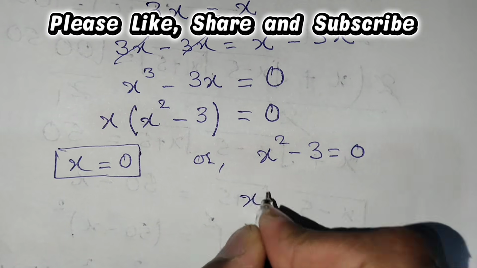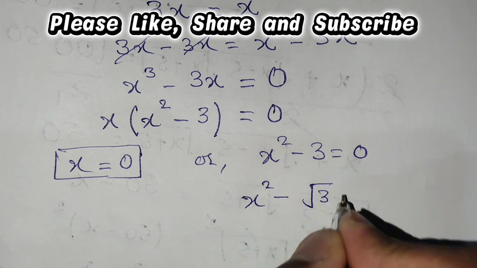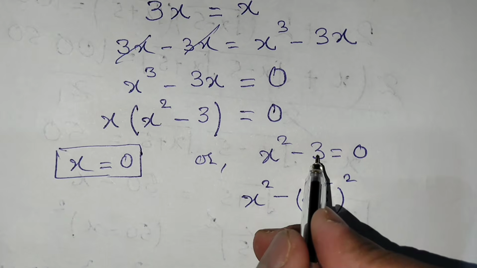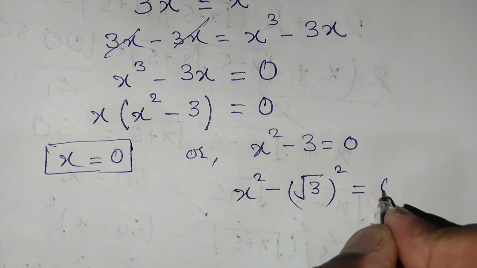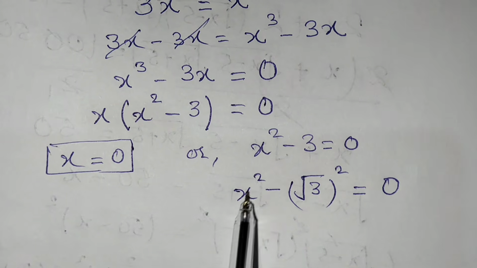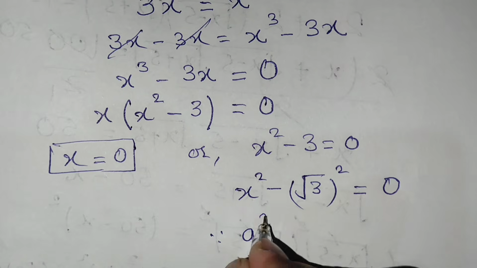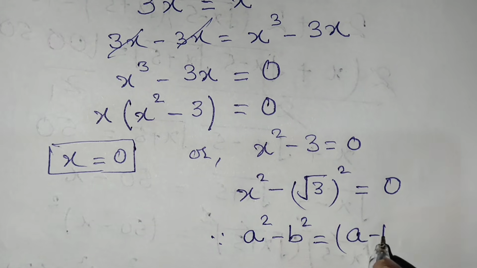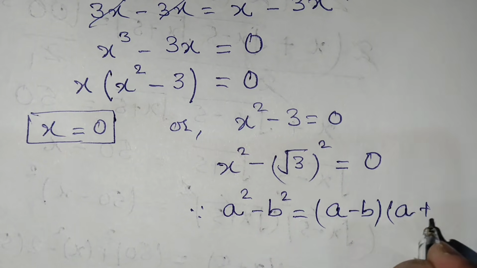We can write this as x square minus square root of 3 whole square, because if we cancel the square root with the square we are back to the same equation equal to 0. What is this? A square minus b square. We know that a square minus b square is equal to a minus b times a plus b.